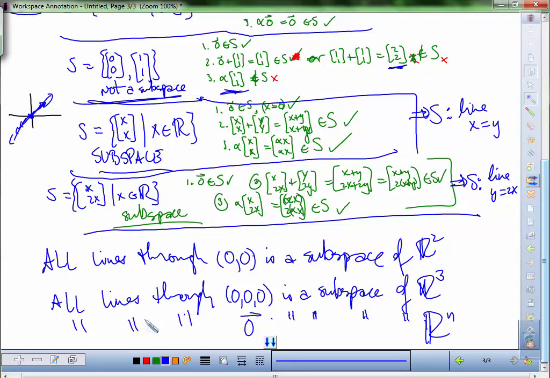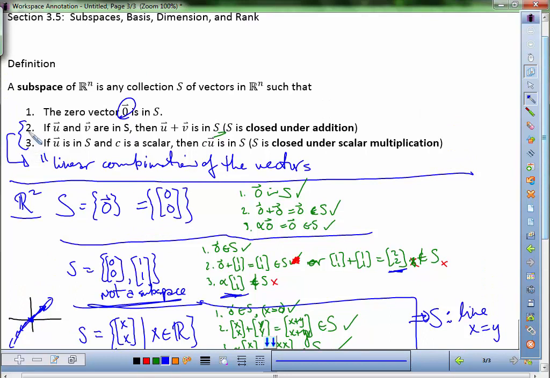Okay. So this is all kind of being spanned by one vector, but we could take a look at things that are spanned by two vectors. Do you see that conditions 2 and 3 kind of bring out the idea of spanning? Spanning is like a linear combination. It's addition and scalar multiplication of vectors.